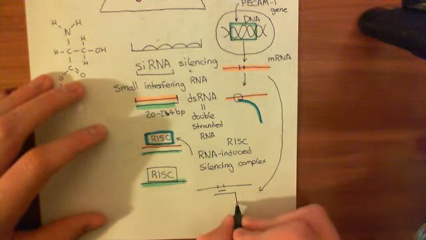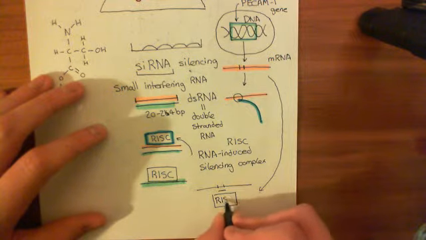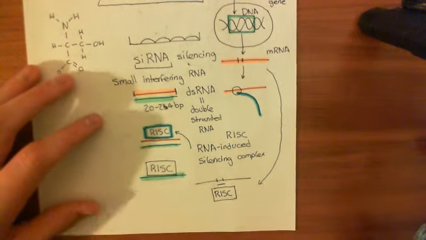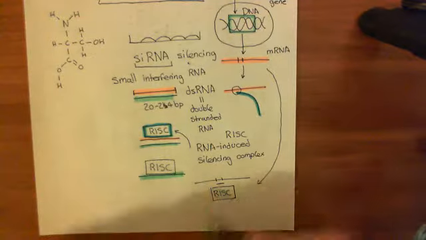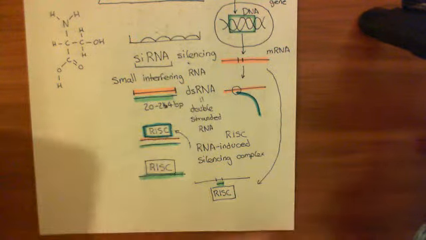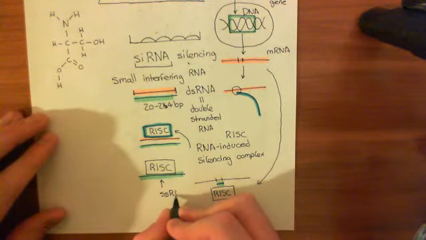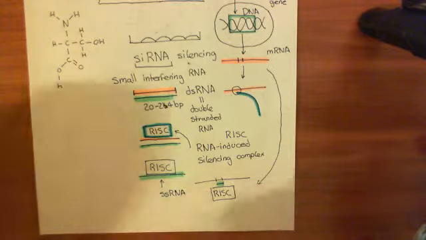I'll still draw the RISC larger, because otherwise it will look silly. Here's the RNA-induced silencing complex, still associated with this little piece of now single-stranded RNA, or ssRNA.